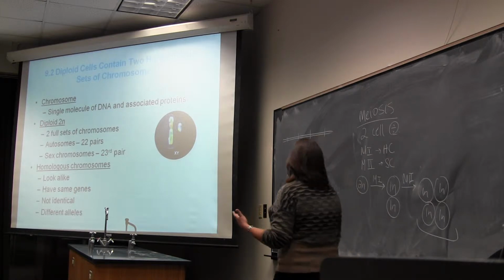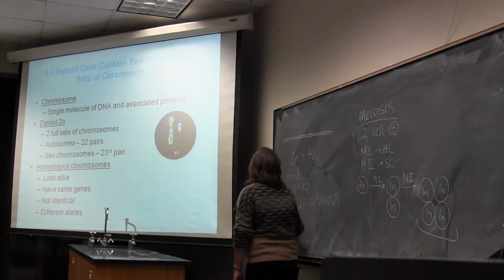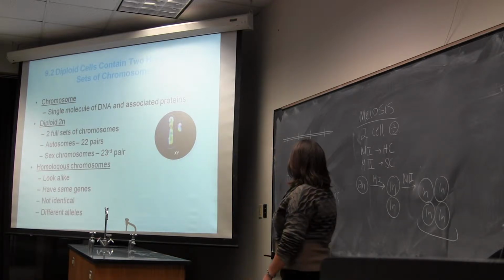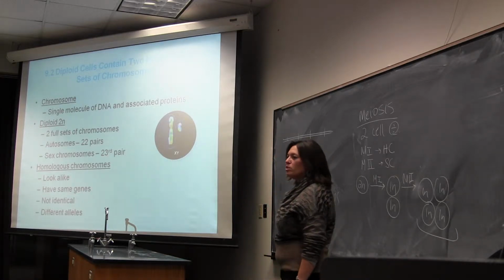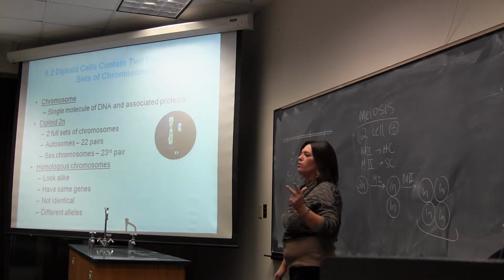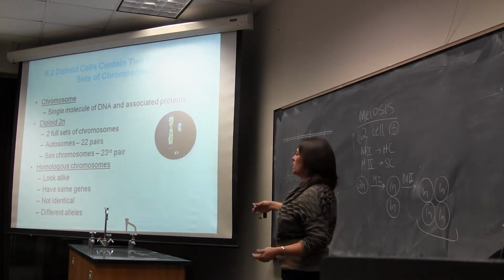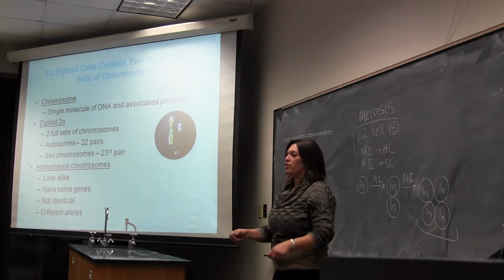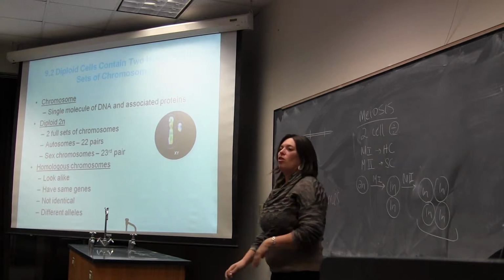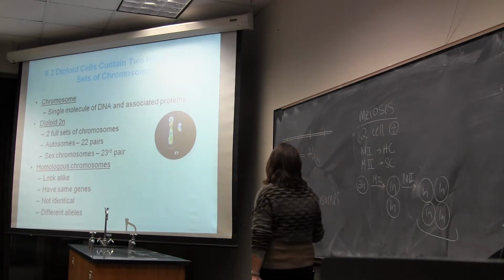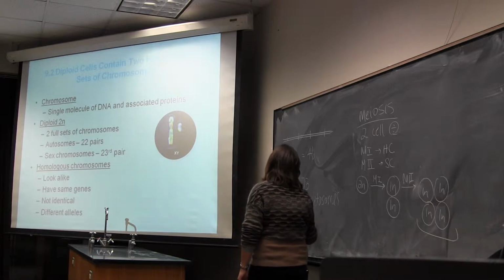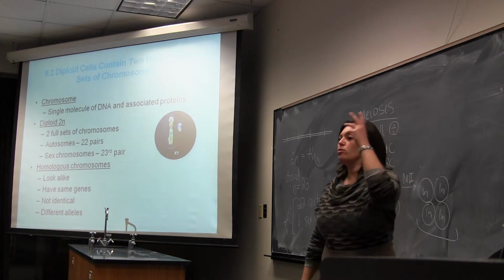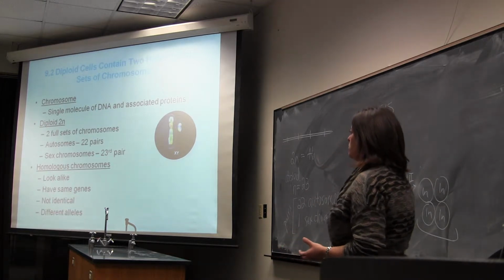Whereas the remaining pair, these are all pairs of chromosomes, by the way. In addition to the 22 autosomes, so these are chromosomes 1, 2, 3, 4, all the way up to 22, the other pair is going to be your sex chromosomes, either XX if you're a female, or XY if you're a male. And so 1 pair of sex chromosomes plus 22 pairs of autosomes equals our genome, our 46 chromosomes.